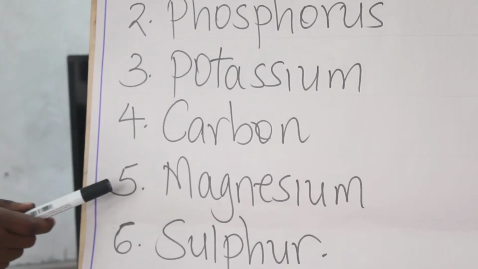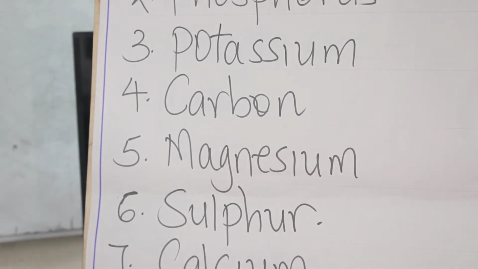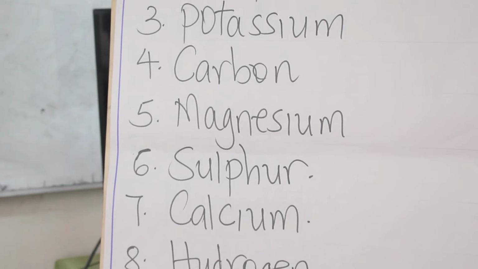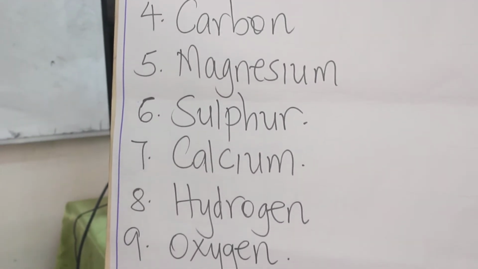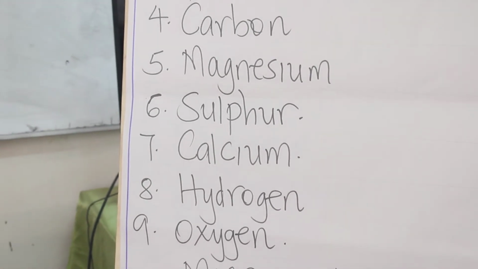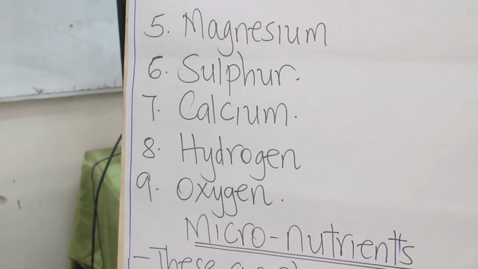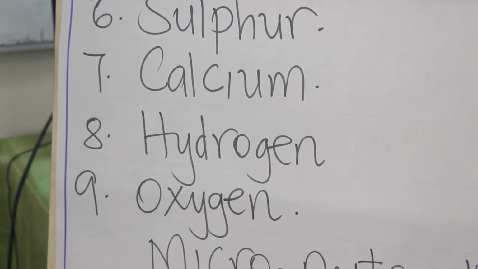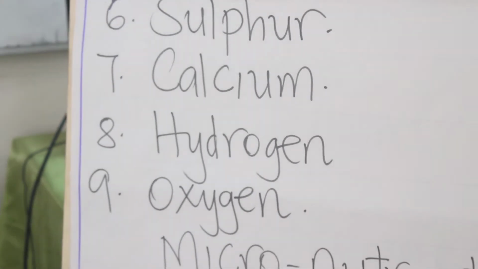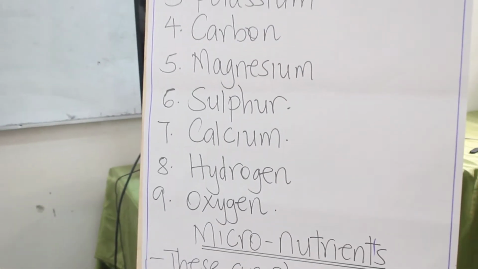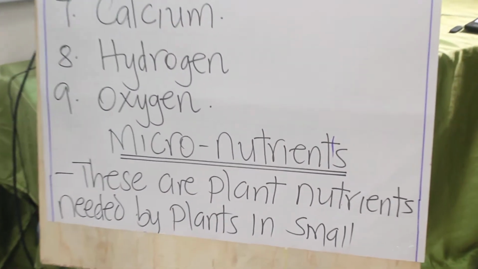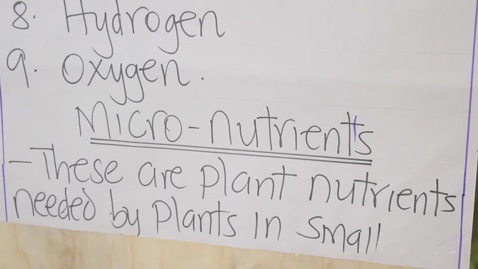Number 5, magnesium. Number 6, sulfur. Number 7, calcium. Then hydrogen and oxygen. So those 9 are the macro plant nutrients. They are needed by plants in large quantities, in large amounts.